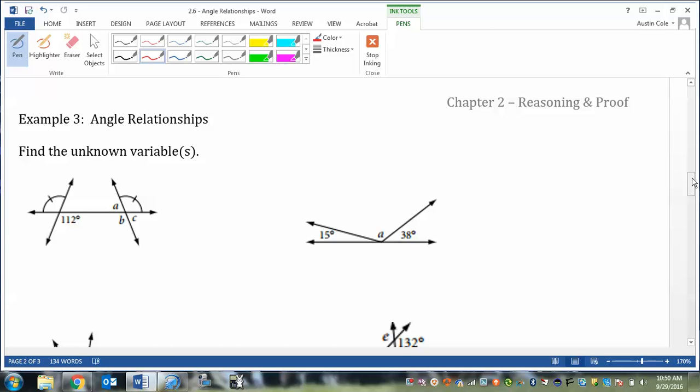So what are we looking at here? This mark here and that mark, what does that mean? They're both congruent, right? This angle is the same as that angle. Okay? How about what's common between those two?